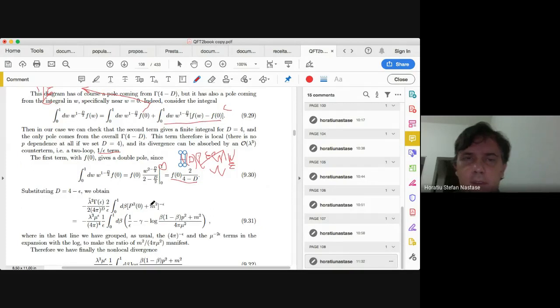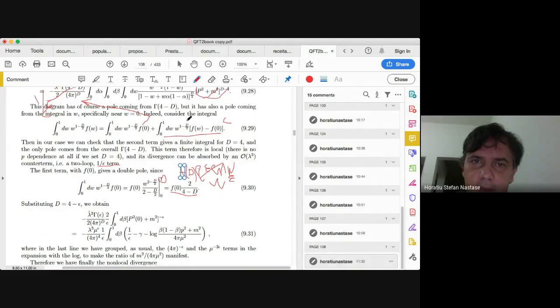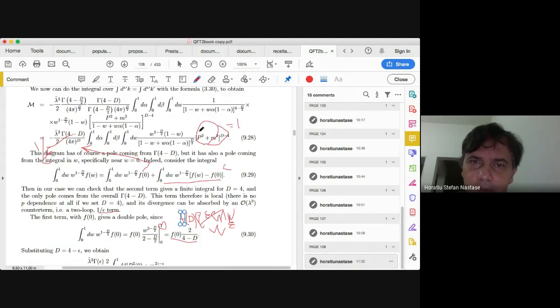No, sorry, I was talking about the divergence. So the divergences are local, but the finite part appears when I put in f of w. F of w has this p-dependent term.